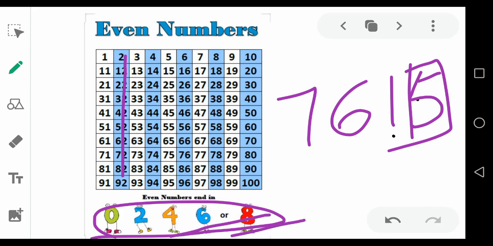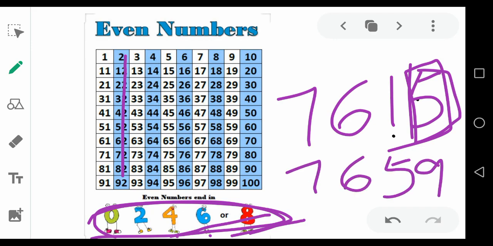That's why I told multiples of 2. So 5 is not ending in 0, 2, 4, 6 or 8. So what can we say? It is not an even number. Understood? Even numbers will end in these numbers 0, 2, 4, 6, 8. 7, 6, 5, 9. What's the last number here? 9. So it is not an even number.